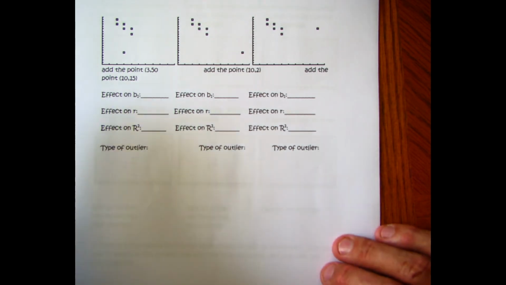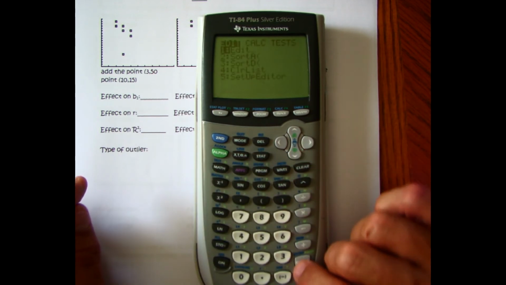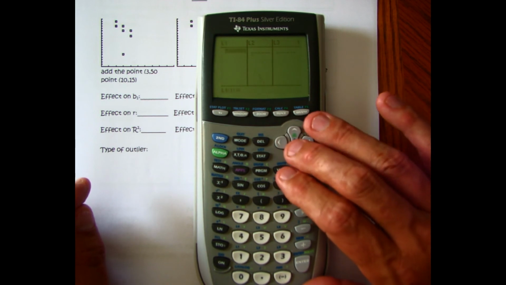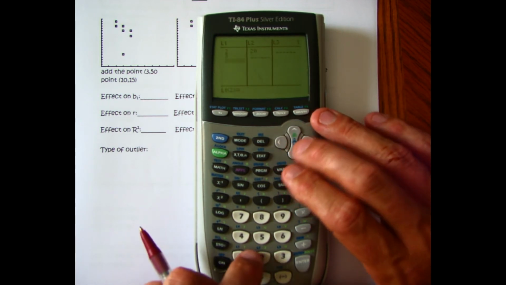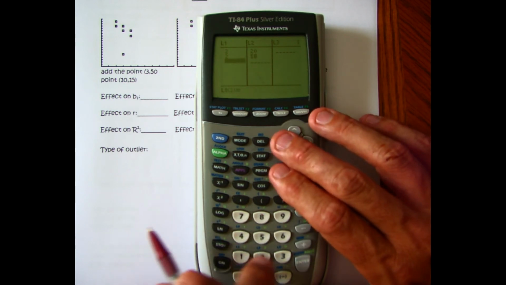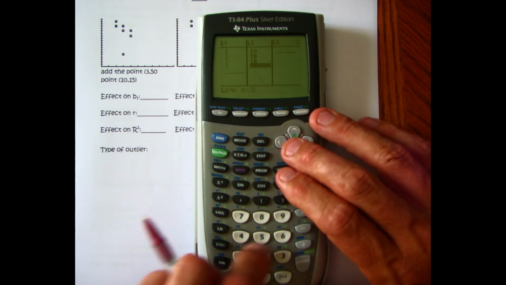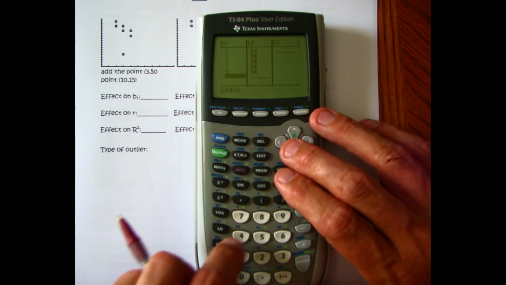Now we've got to put these points in our calculator. So let's clear this out. We've got 2,20, 2,18, 3,18, 3,16, 4,16, and 4,14.